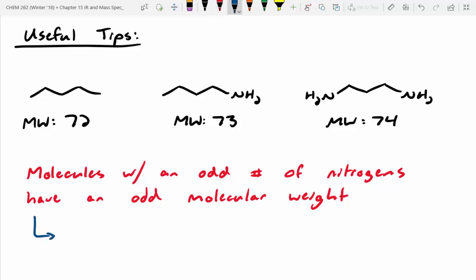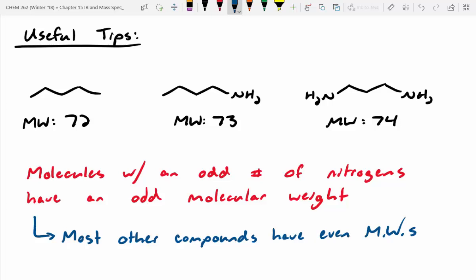And an offshoot of that is most other things will be even. And I'll just say MWs for molecular weights.